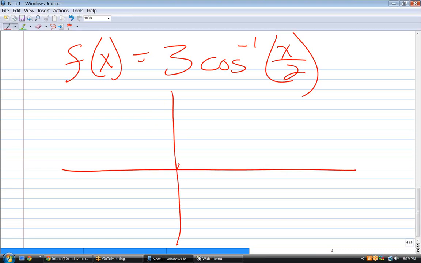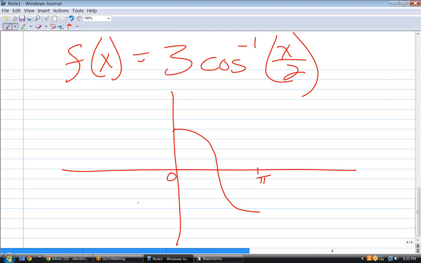Well, hold on. Let's first of all draw the cosine curve. That much of it. That's pi. That's 0. That's our domain restriction for the cosine function, in order to come up with the inverse cosine function.